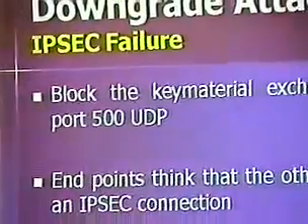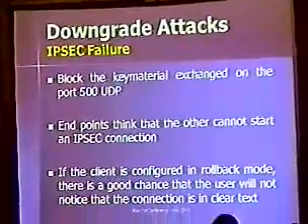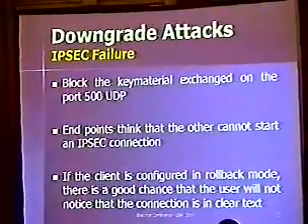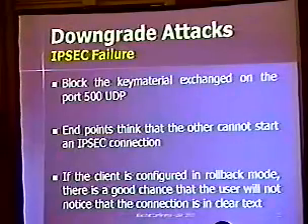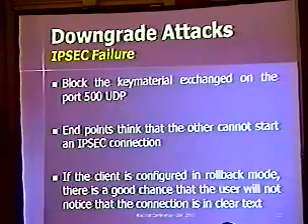This is another attack, against IPsec. IPsec, as we have seen before, uses port 500 UDP to exchange key material using ISAKMP. We can block every packet coming from and going to this port, so each endpoint will think that the other endpoint cannot speak IPsec.